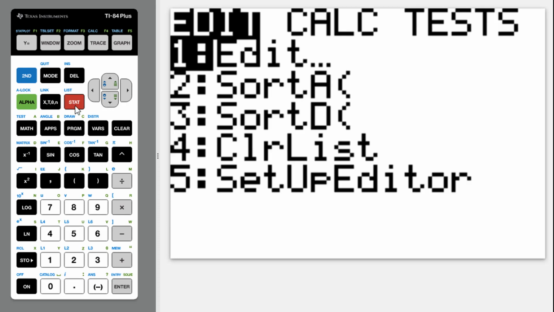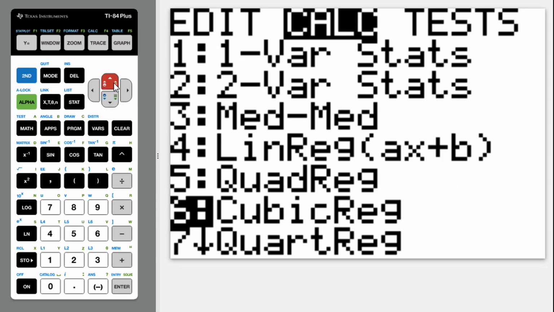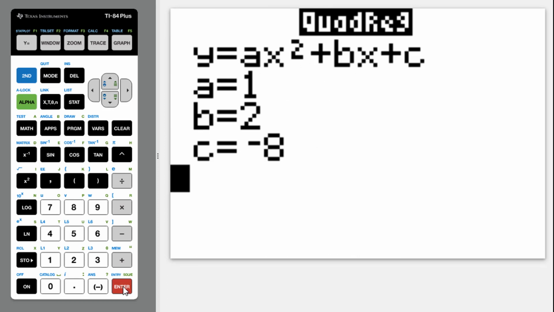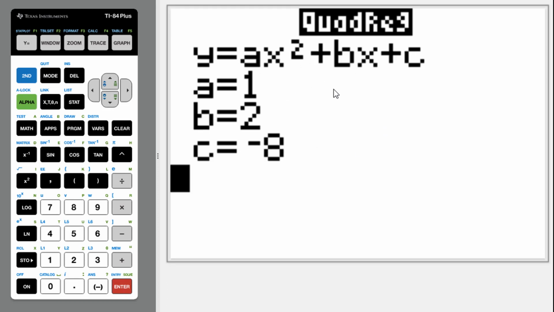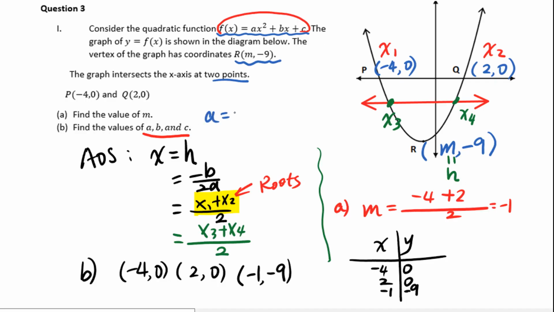Then go to stat, calculate. Go to quadratic regression, that's number 5, enter. Keep entering. Then you will get A equals 1, B equals 2, C equals -8.